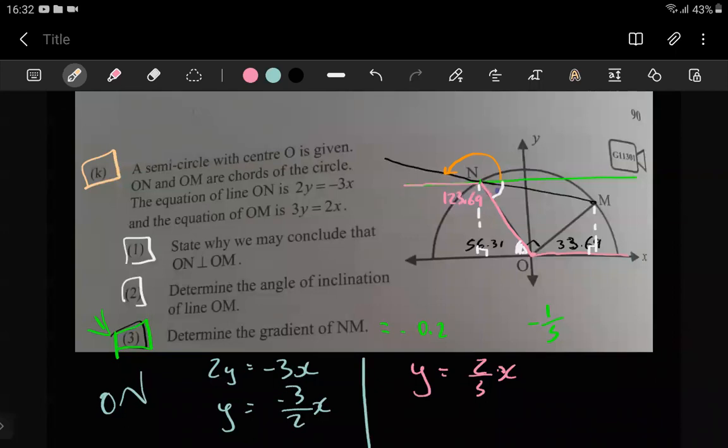Flip this to the right. Send. Determine the gradient of MN. Good luck. May the odds forever be in your favor.